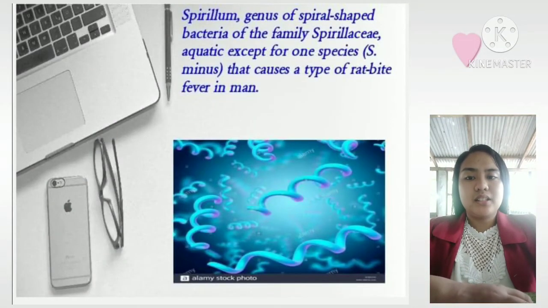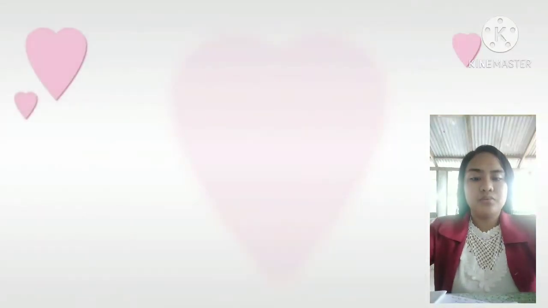Third one is Spirillum, a genus of spiral shaped bacteria of the family Spirillaceae, aquatic except for one species that causes a type of rat-bite fever in man. So, sinasabi na ang spiral shape is parang siyang kagat ng daga sa tao.